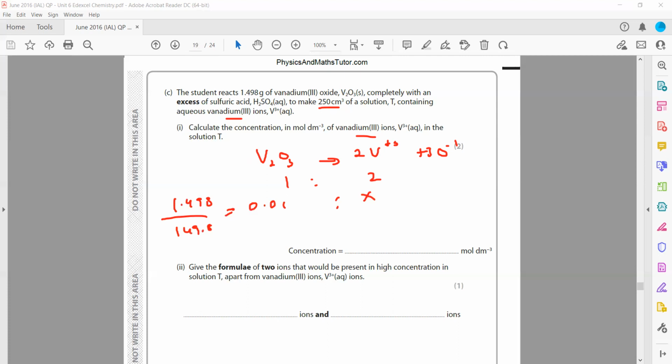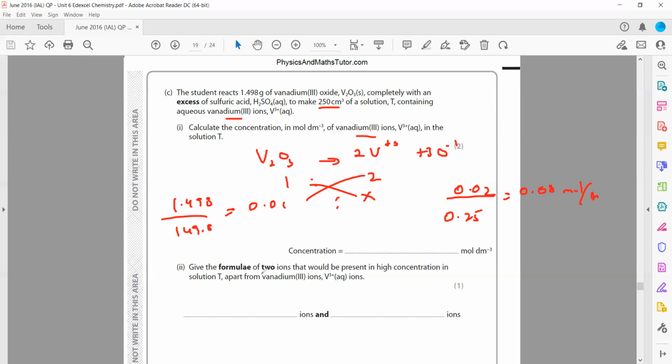Cross multiplying will get 0.02 moles, and moles divided by volume will get the concentration, but the volume should be in decimeters cubed. So it will be 250 divided by 1000, so 0.25. This will give us 0.08 moles per decimeter cubed.